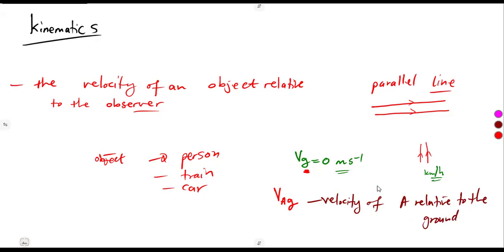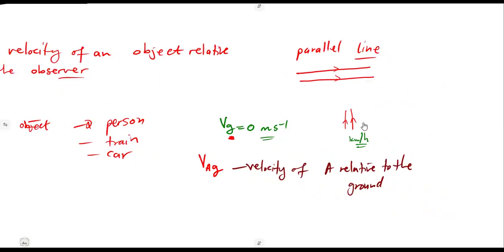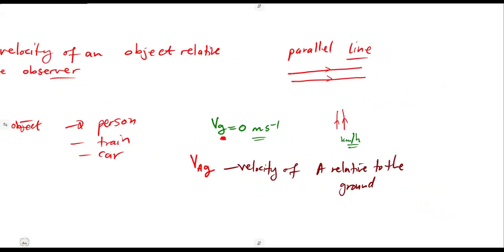If we are having the velocity that is being referred back to the ground, and we are saying, what is it about the ground? It's zero. So it tells us this is the actual velocity in the normal sense of what you are given in the question.